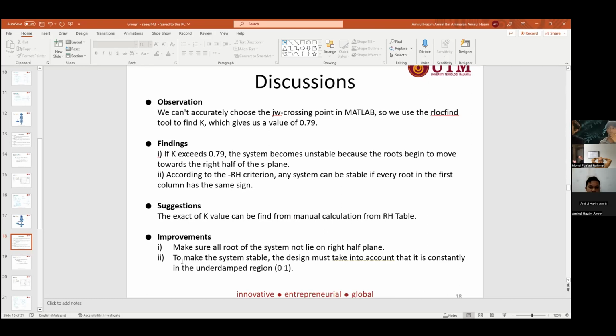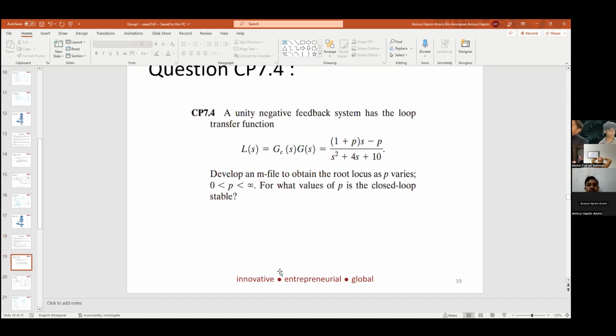Last improvement is, if we want to make the system stable, the design must take into account that it is constantly in the underdamped region. So that's all from my part.